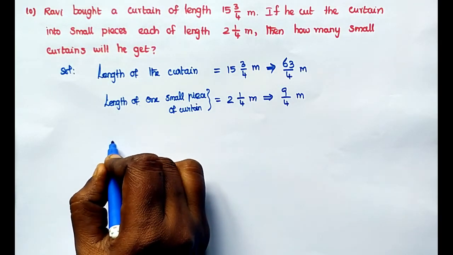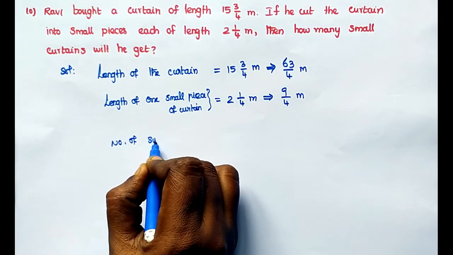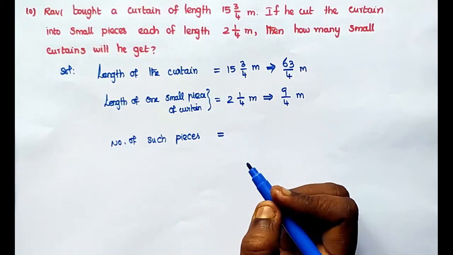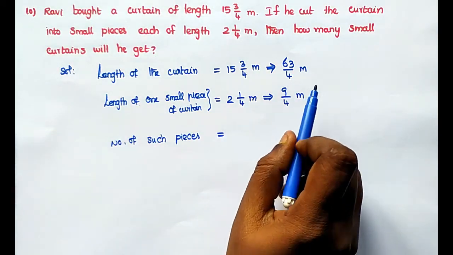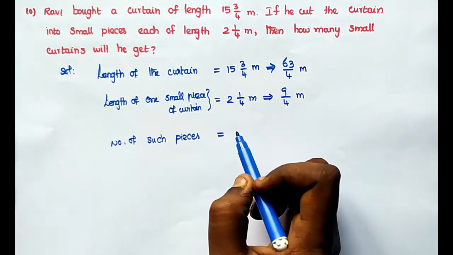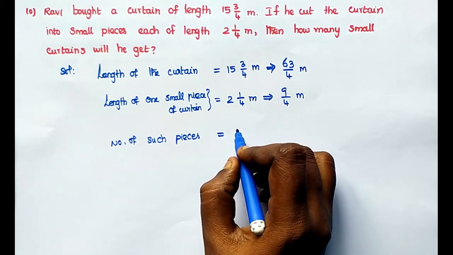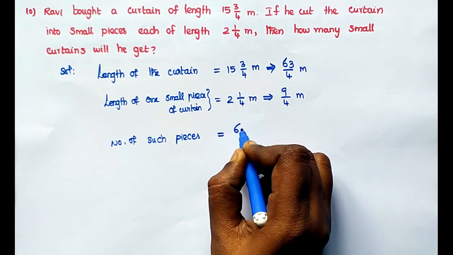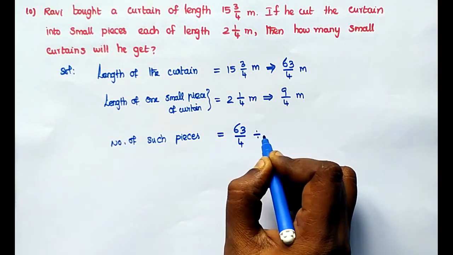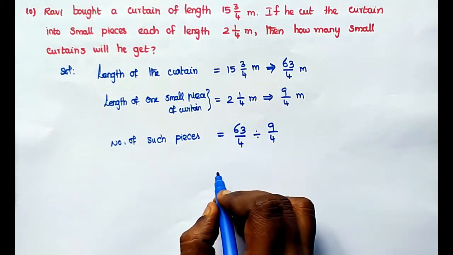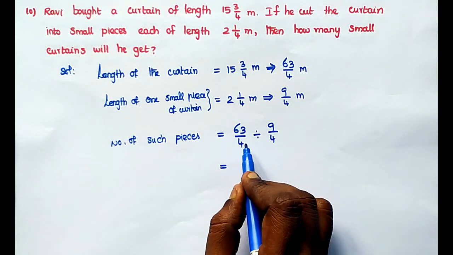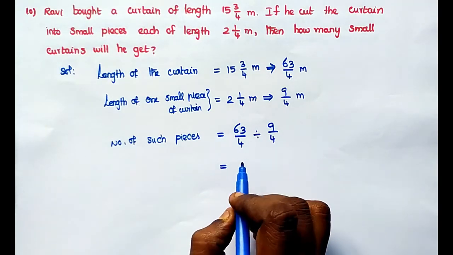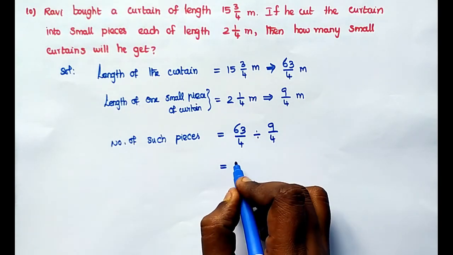Now the number of such pieces, that is the question now. How many small curtains will he get? So the number of such pieces means divide these two numbers, we get 63 by 4 divided by 9 by 4. If two fractions are in division, first we have to convert into multiplication.